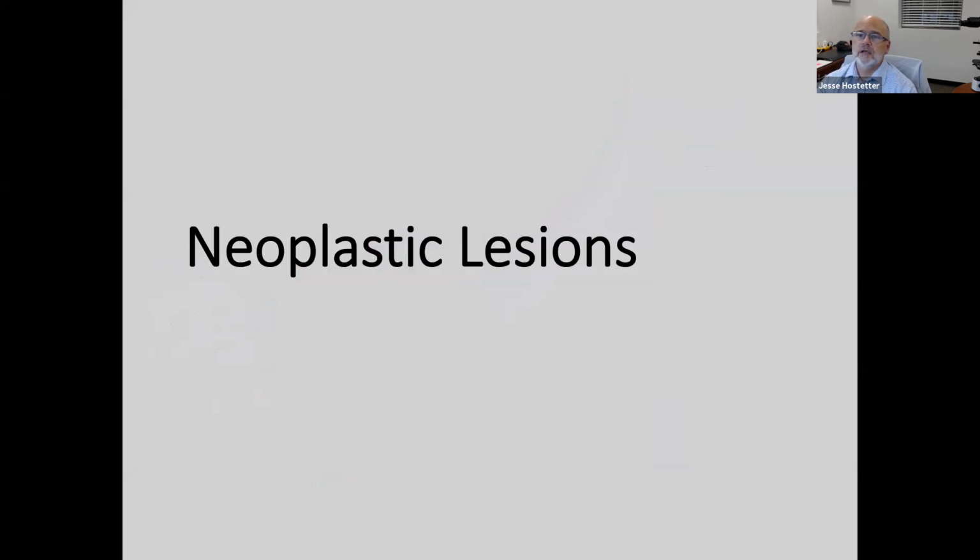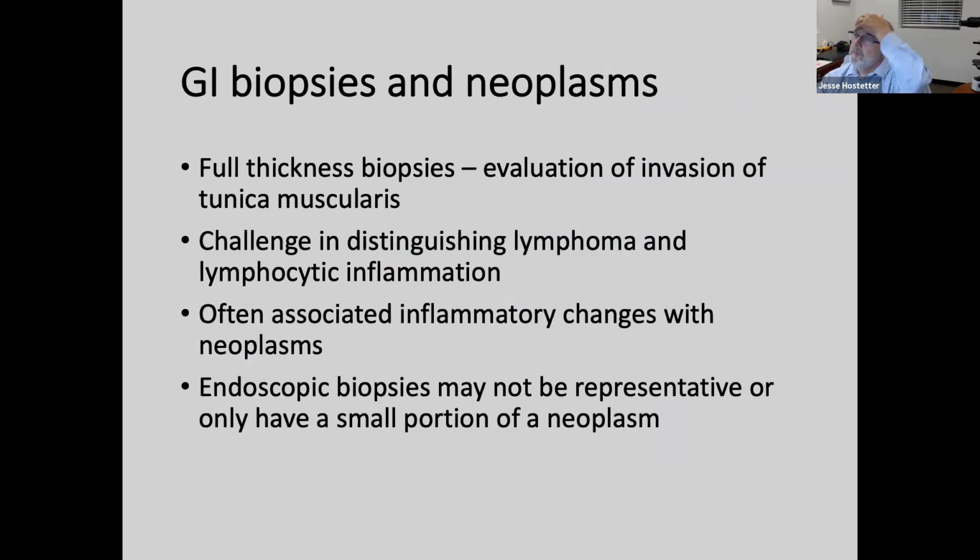All right, I've got a few minutes left. Let's talk a little bit about neoplasm, especially in cats. I think full thickness biopsies are my favorite to try and evaluate neoplasms. If you can look for evidence of invasion into the muscularis, that's really, really powerful. We don't get that with endoscopic biopsies. I've talked a little about the challenge of discriminating lymphoma from lymphocytic inflammation. That's very true of cats.